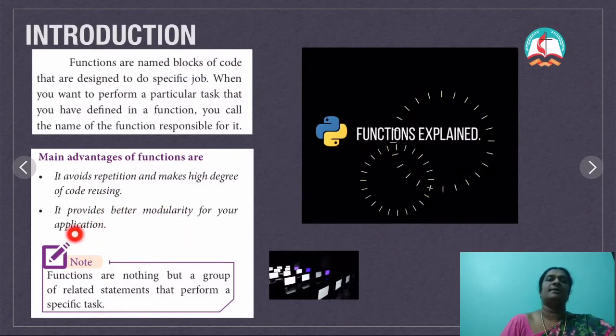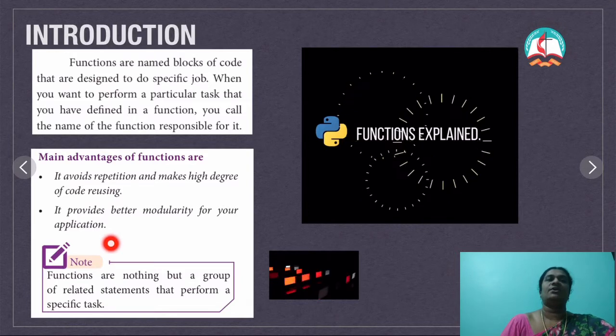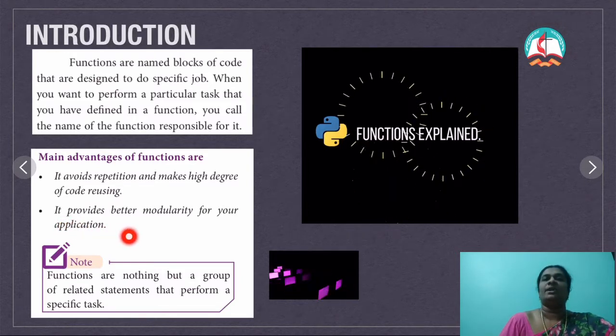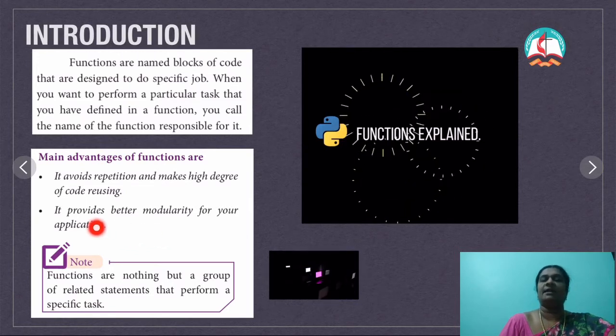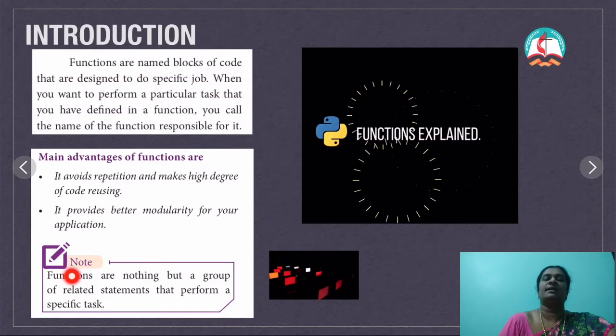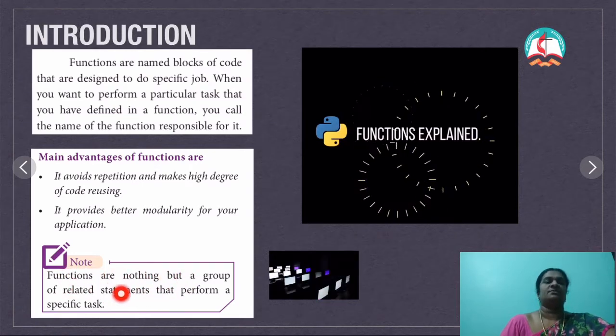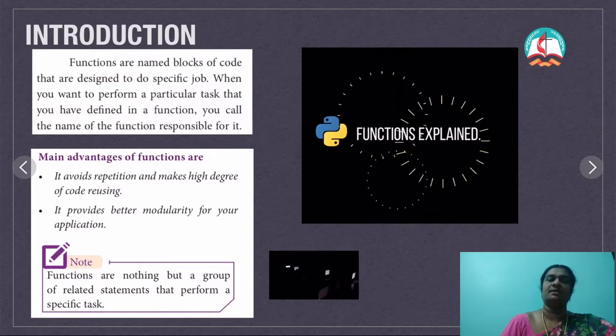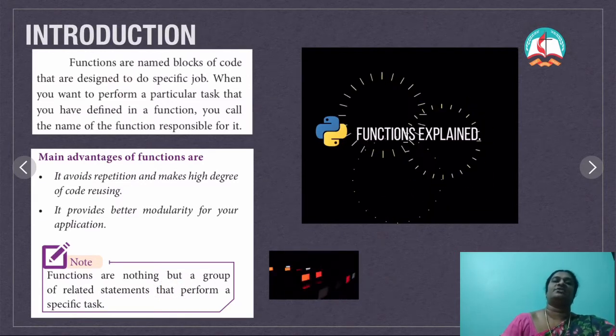It provides better modularity for your application. So what is modularity? When you develop an application, it can be run and used on different platforms. That is called better modularity. So functions are nothing but a group of related statements that perform a specific task. That is called a function.